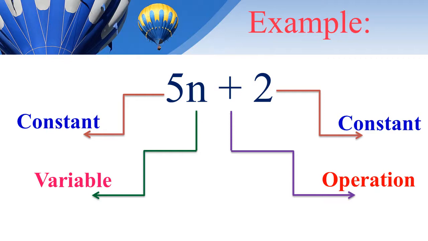So 5n plus 2 is an algebraic expression because we already know an algebraic expression is an expression which has variables and constants and is connected by a symbol of arithmetic operation.